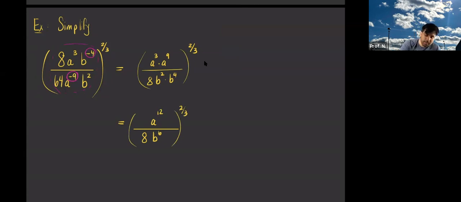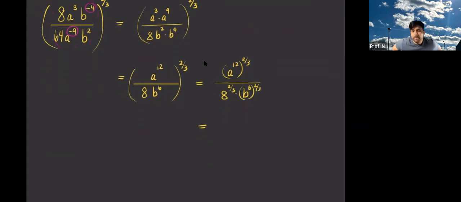And now I can rewrite this as a to the 12th raised to the 2/3. I can write this as 8 to the 2/3 and b to the 6th raised to the 2/3. I can do all of this. And now what do I do? Multiply.